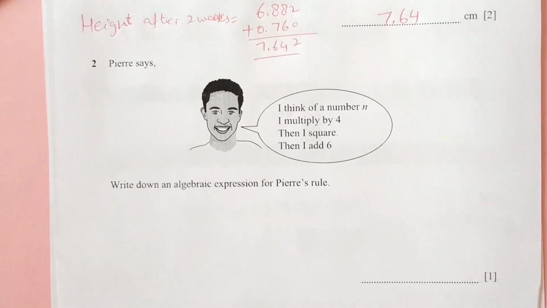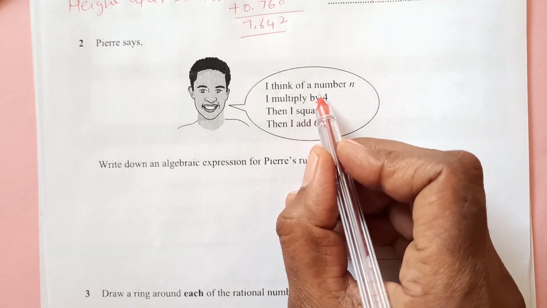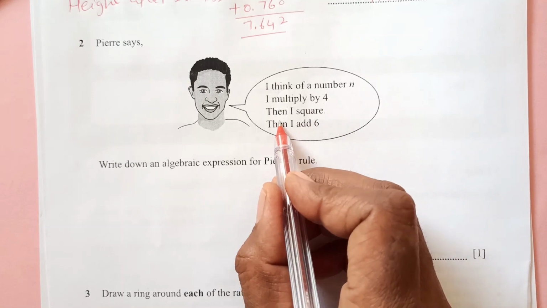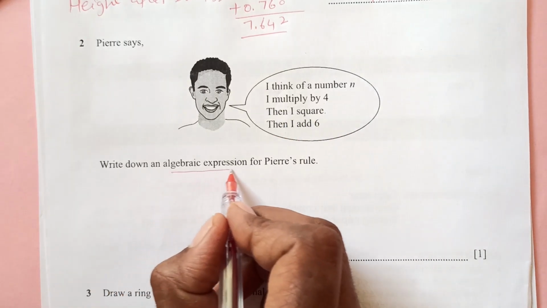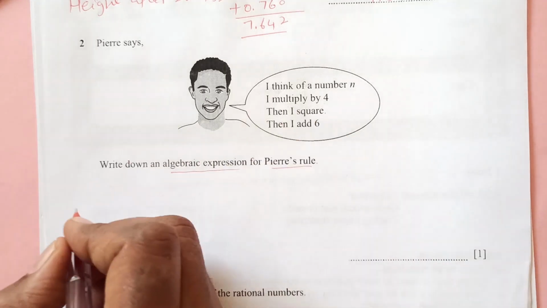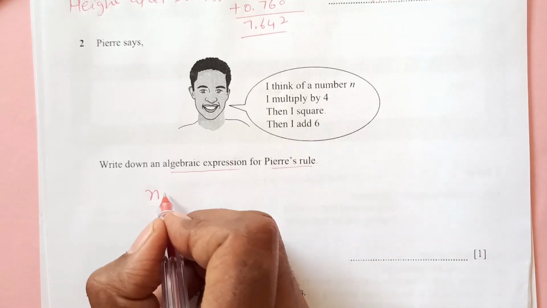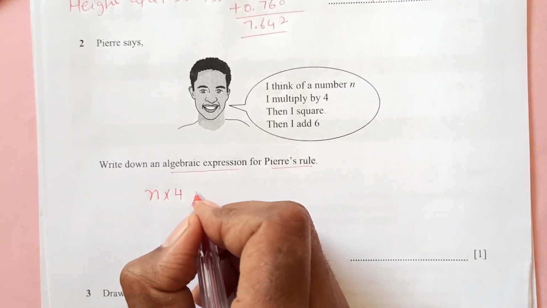Now number 2, Perry says, I think of a number n, I multiply by 4, then I square, then I add 6. Write down algebraic expression for his rule. So he thinks of a number n, then he multiplies by 4, which is 4n.